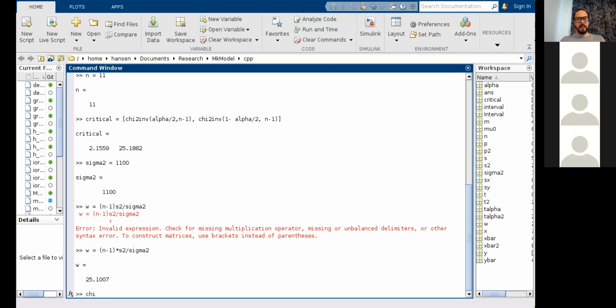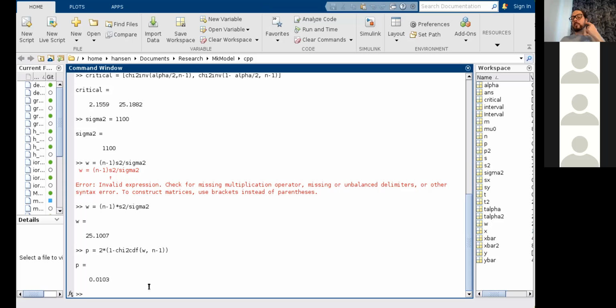So the p-value for this, we already know this is going to be in the high end. So we're calculating the p-value as 2 times 1 minus the chi-squared CDF of W at n minus 1.